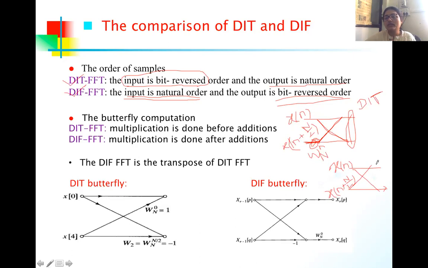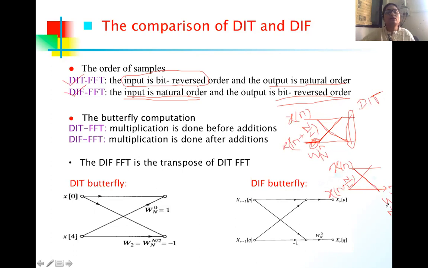In the DIF algorithm, this complex addition, or complex subtraction, takes place first, and then the result is multiplied by the twiddle factor, W raised to n suffix capital N. So after this complex addition, we multiply the sequence by the twiddle factor, right?